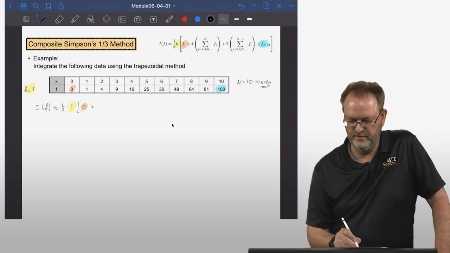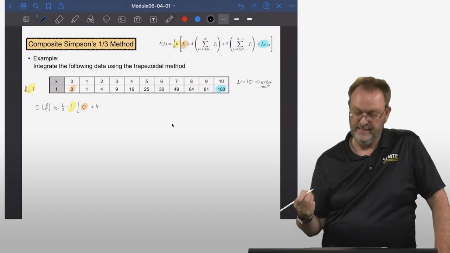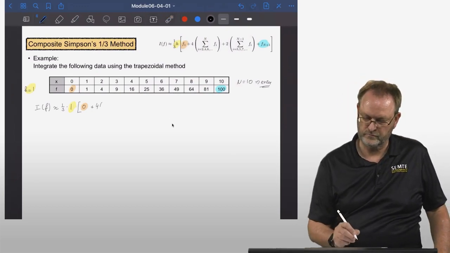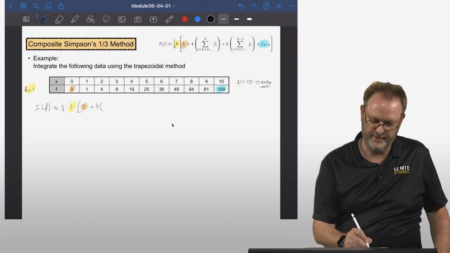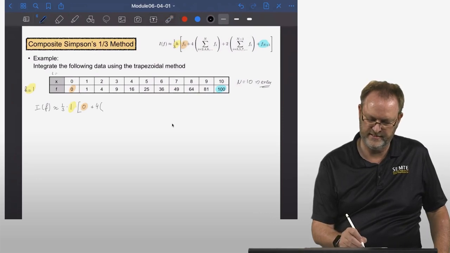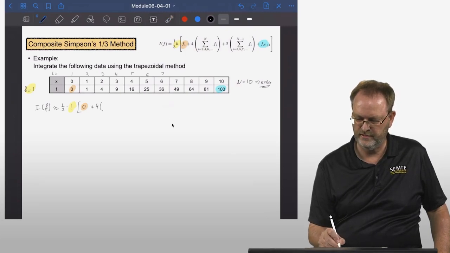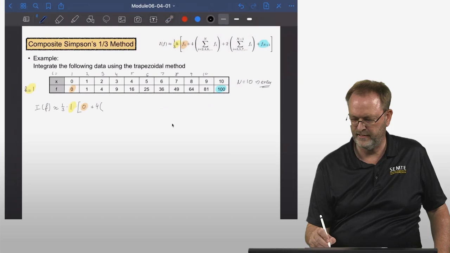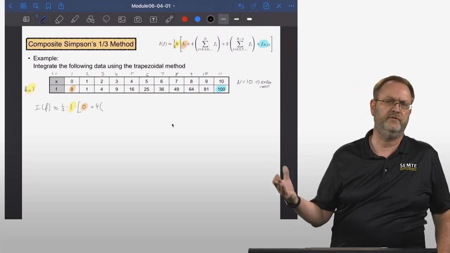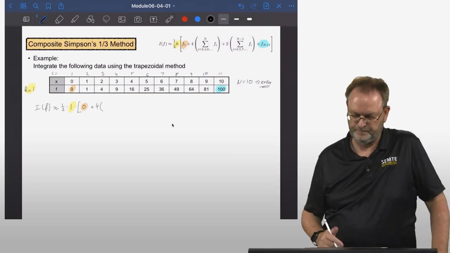Then plus 4 times the sum of, let me just write up here so it becomes apparent what the index is. So this is 1, 2, 3, 4, 5, 6, 7, 8, 9, 10, 11, right? 10 subintervals means 11 data points.